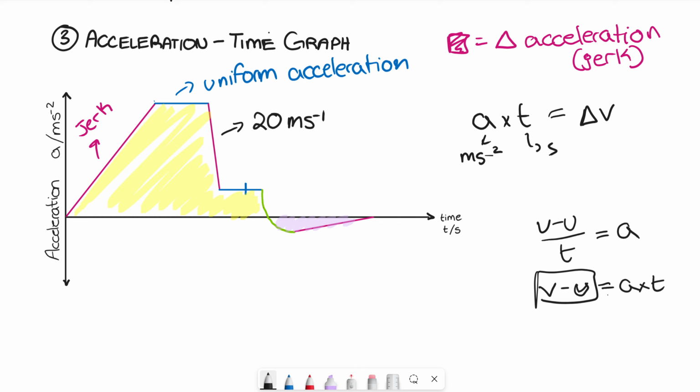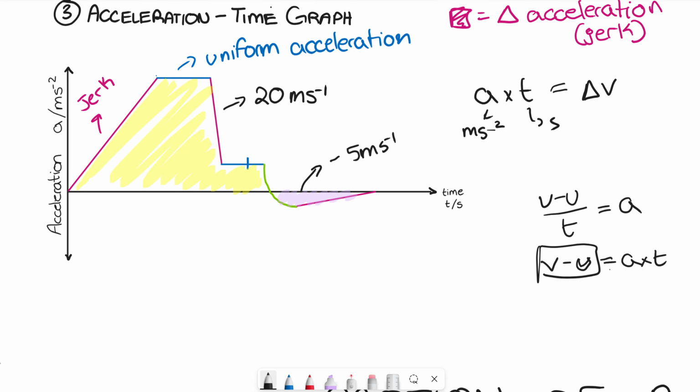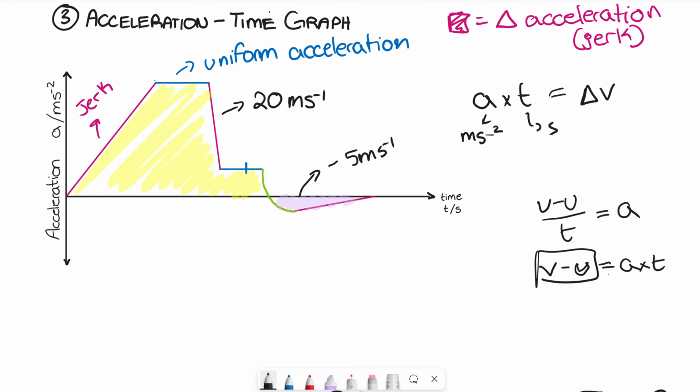That's going to give us 20 meters per second. The purple part is going to give us a negative change in velocity, something like minus 5 meters per second. So you can calculate the overall change in velocity. There's no real use in doing that, but it's something you can recognize.